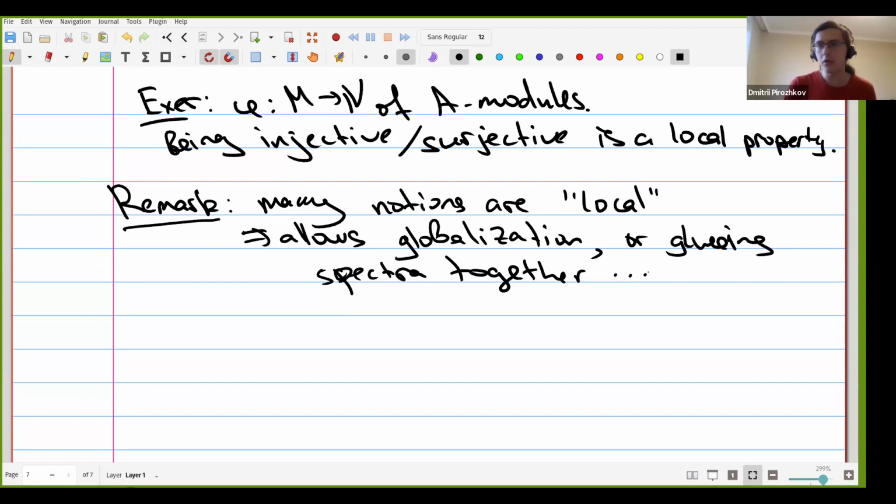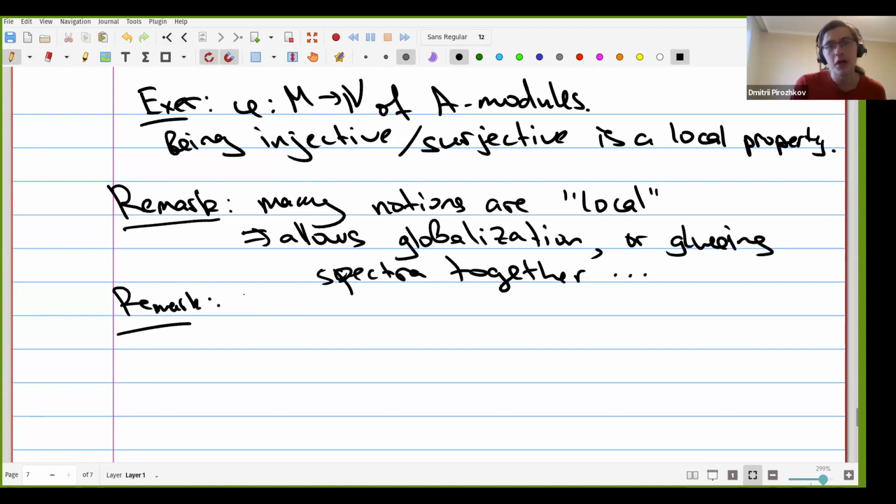Okay, so another remark is that this notion of locality does not give you everything that you would have wanted if you come from the study of the usual manifolds.